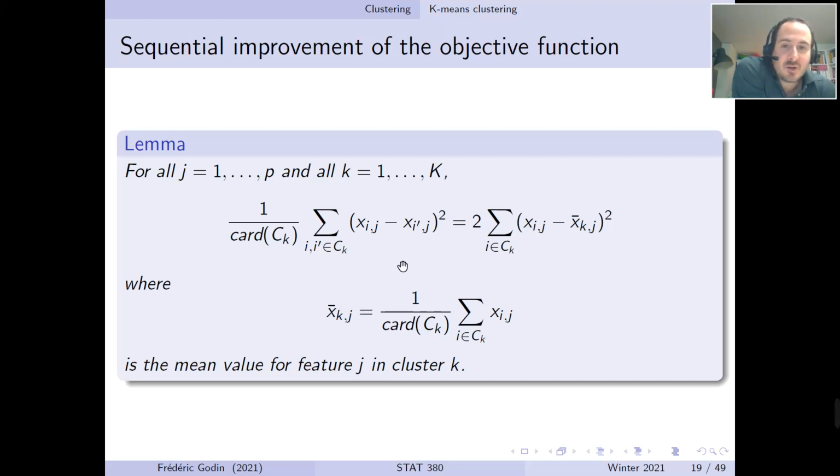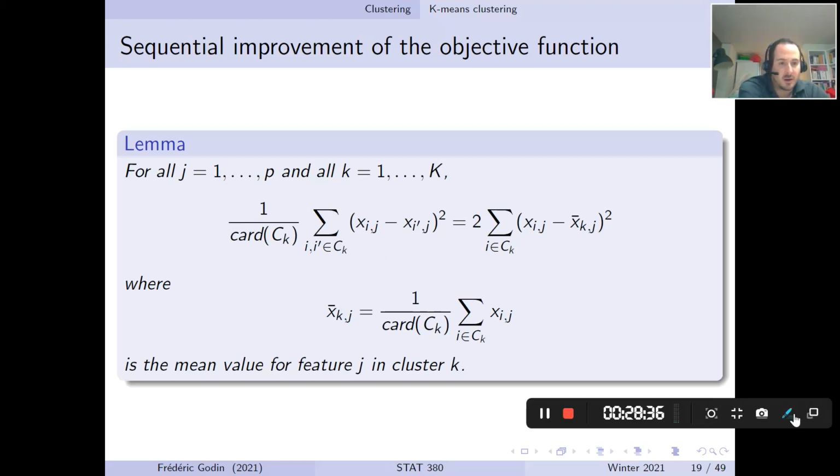Okay, and why is that useful? Well, recall that this was a building block of the within cluster variation. The within cluster variation we've considered here simply involves summing this expression over all predictors j. Because recall, let's draw here.